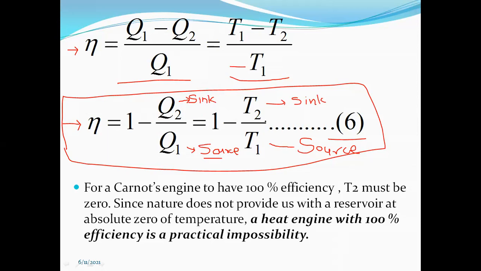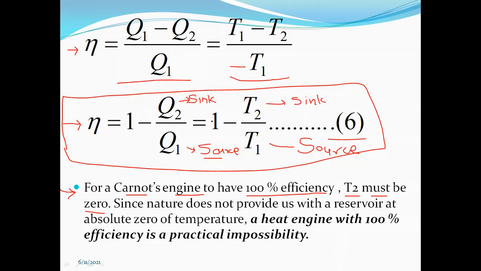So at the end of this topic of efficiency of Carnot's heat engine, we can write that for a Carnot's engine to have 100% efficiency, a single MCQ can be asked about its efficiency, T2 must be 0.